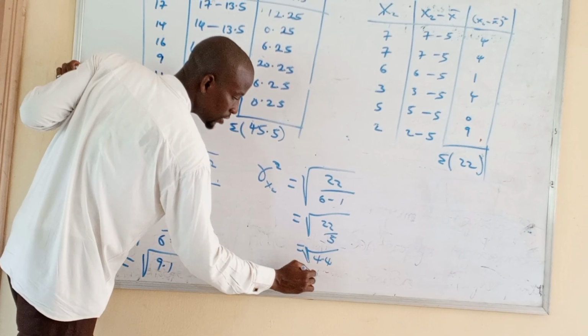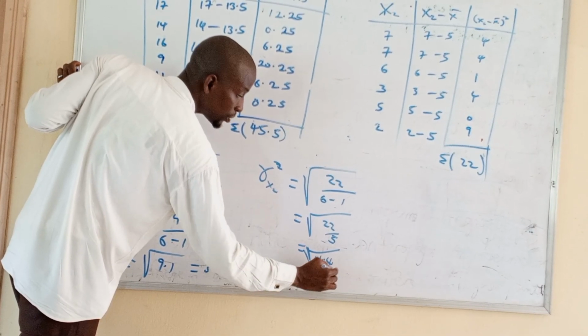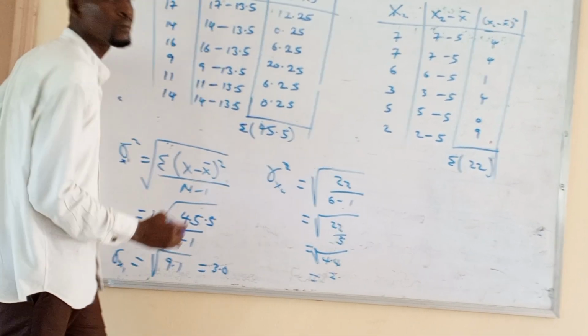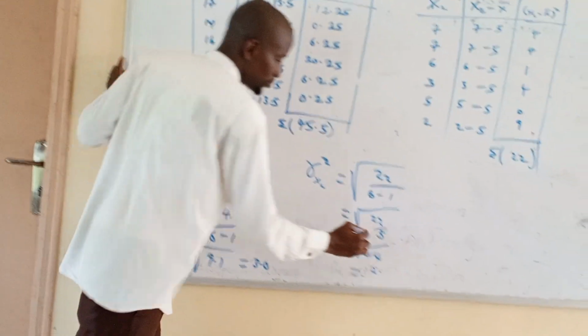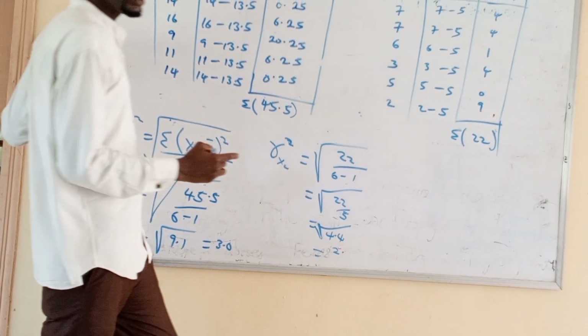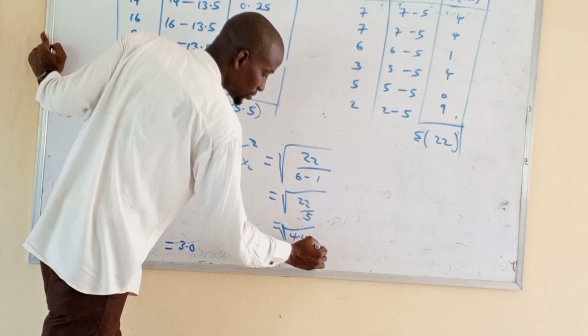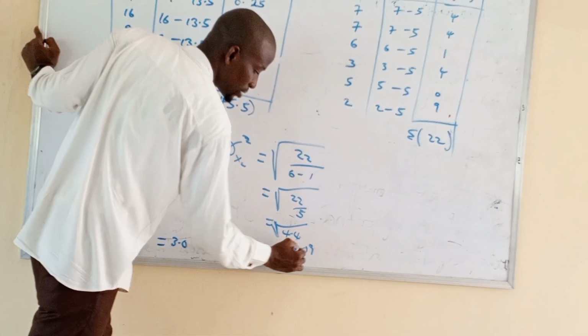And the square root of 4.4 is what? 2.0, that should be 2.0 something. 2.09, because it cannot be exactly 2.0.